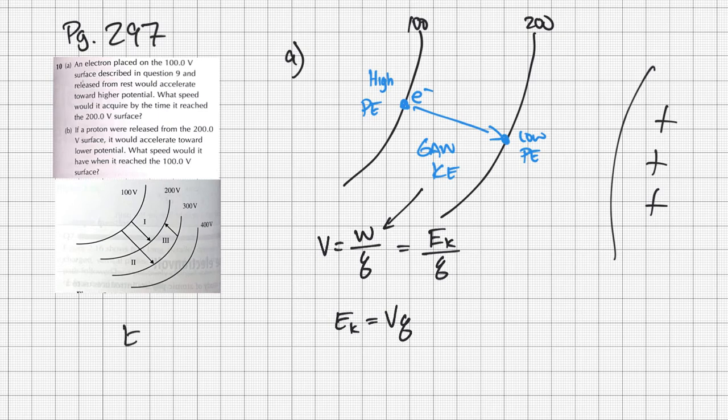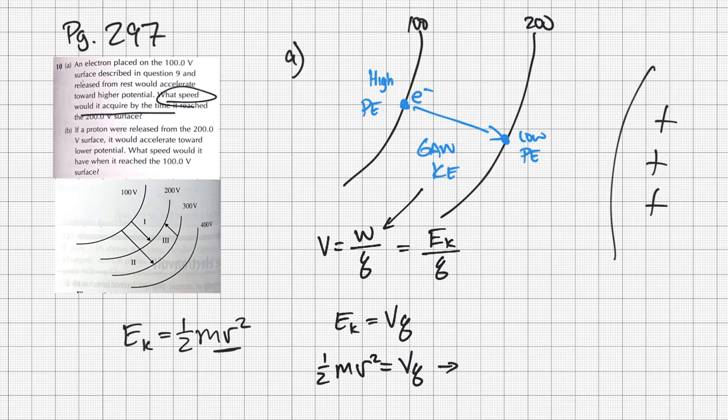Now, we've learned in the past that kinetic energy is simply 1/2 mv squared. And we're just trying to find what speed it would acquire, so we're trying to find that velocity in this equation. So plugging in, 1/2 mv squared is equal to electric potential times charge.